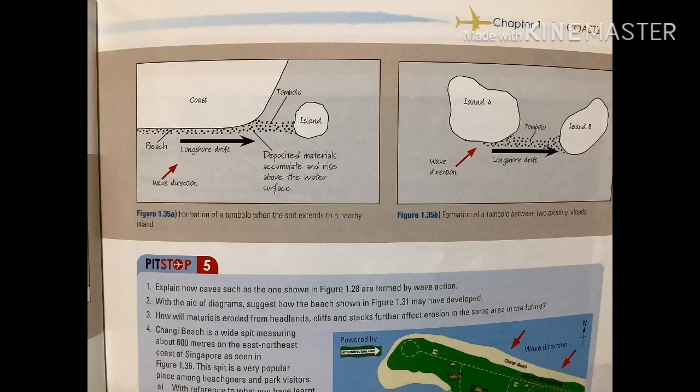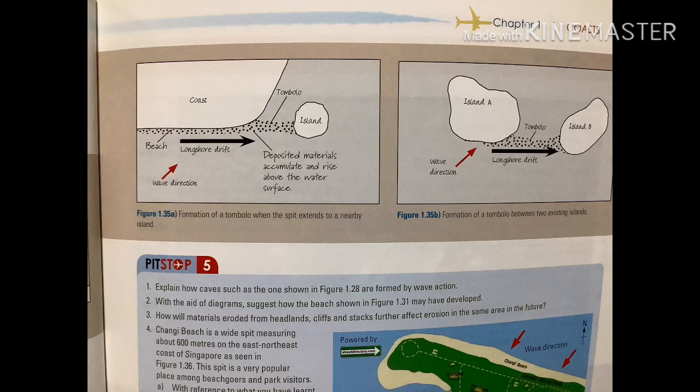Linked to the formation of a spit is the formation of a tombolo. So the same processes of longshore drift as well as meeting a coast that breaks away apply here. You need to form a spit first, and the spit needs to roll forward and outwards until it touches another island or another piece of land.